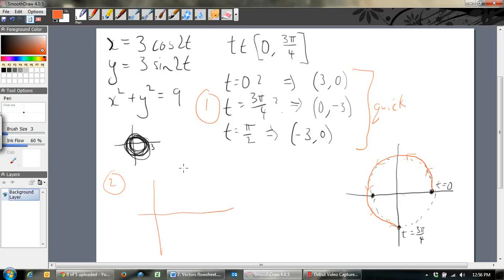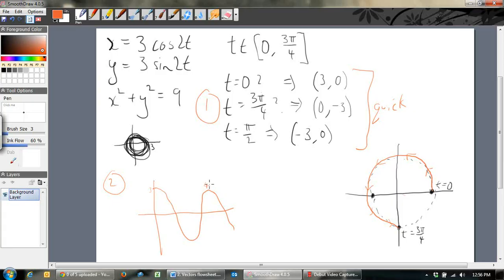What does the function x equals 3 cos 2t look like? Well, if you quickly draw it, cos will start up here at 3, and this is where you need to know your functions, and it's going to go like this. Instead of being 2 pi up here, because it's been dilated by half, it's going to get all squished, so that's going to be pi there.